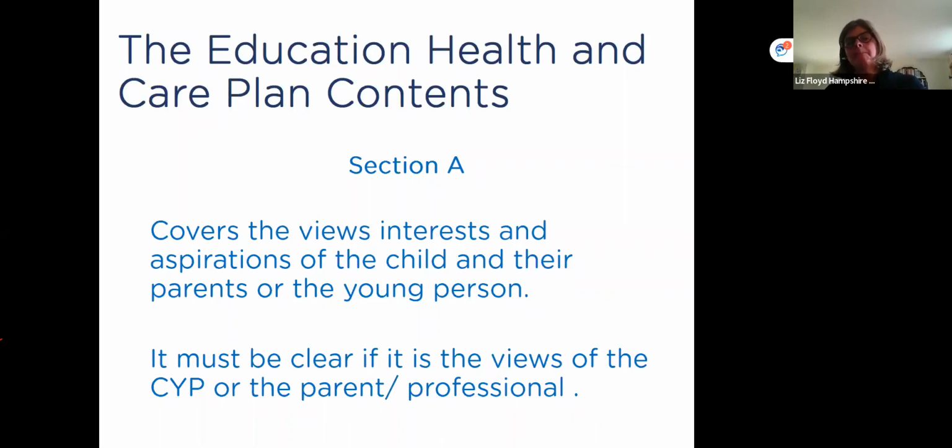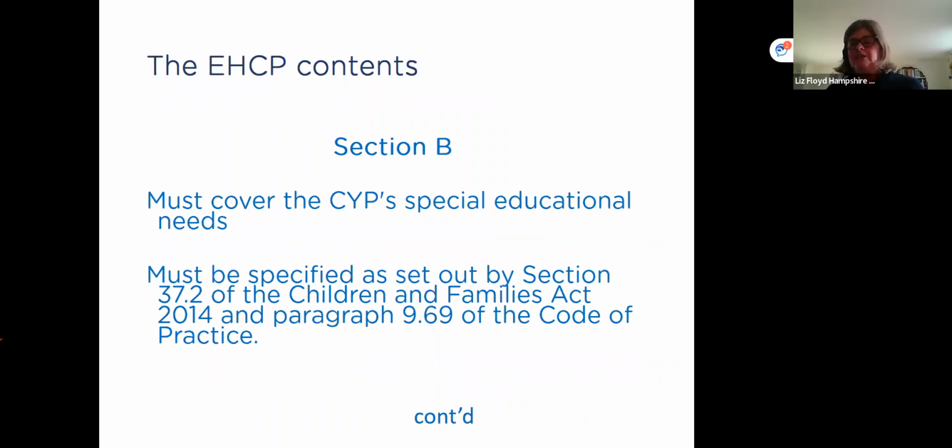Basically it's written out in a certain way, and these slides just help you understand what each section means. Section A covers the views and interests of the child or young person and their parents. It's got to be clear, and the views of the parent and professionals must be in there as well. Section B must cover the special educational needs.